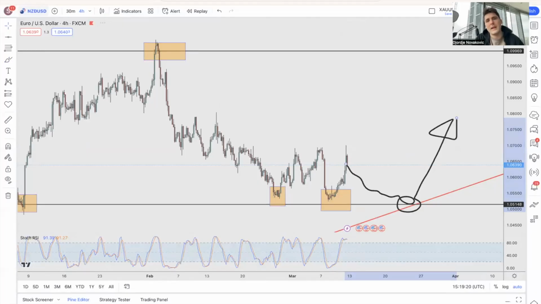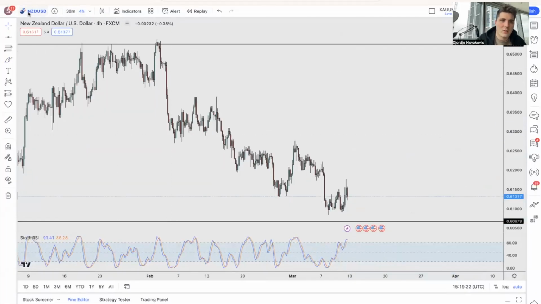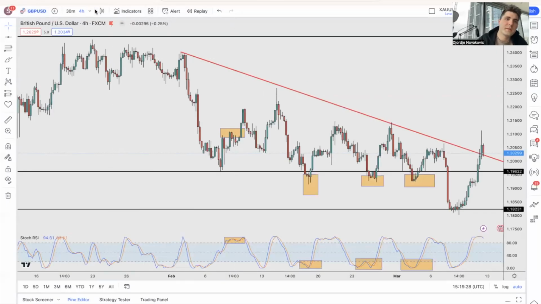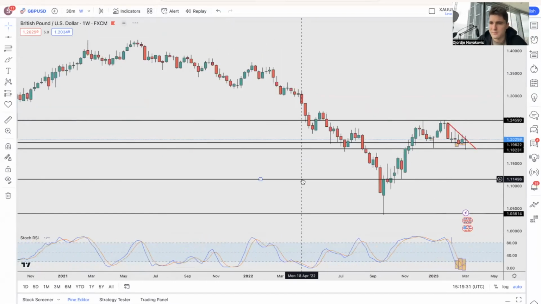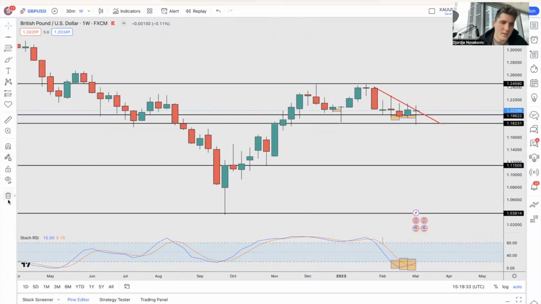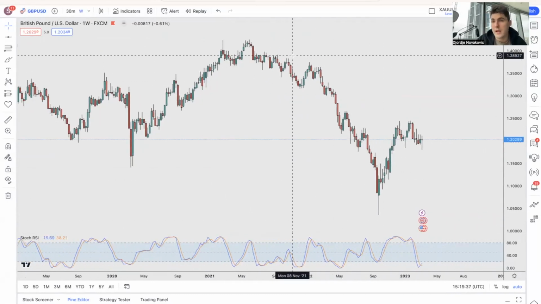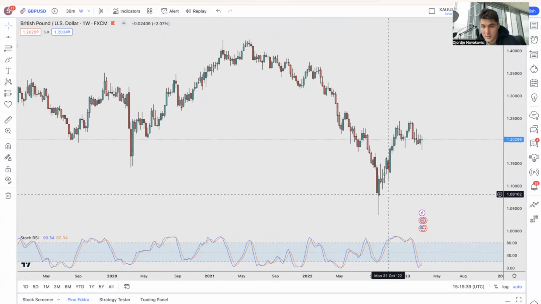Now NZD USD. Oh no, I wanted to go on GBP USD first. So GBP USD. First thing we go. I said I'm gonna delete everything. So GBP USD, we used to have a very nice bearish trend, okay?